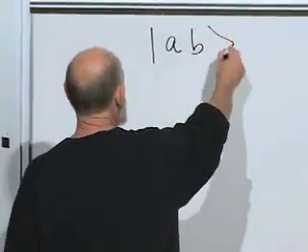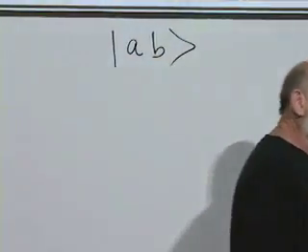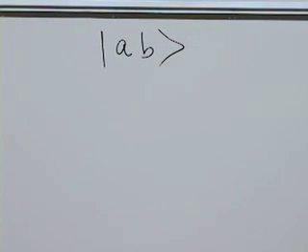Now, for the case of two spins, A and B would both be up and down. We can have up up, up down, down up, down down. Other possibilities, we could have a spin with two states and an atom with 4 states or 3 states.